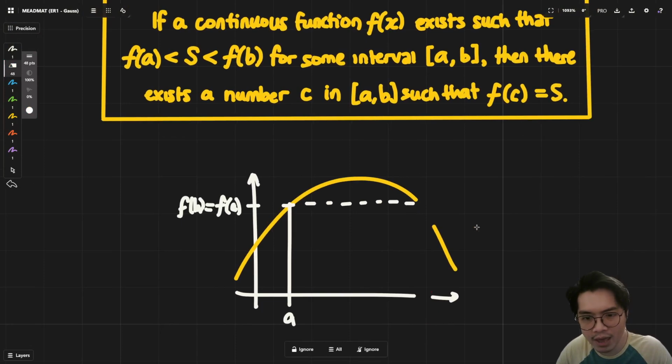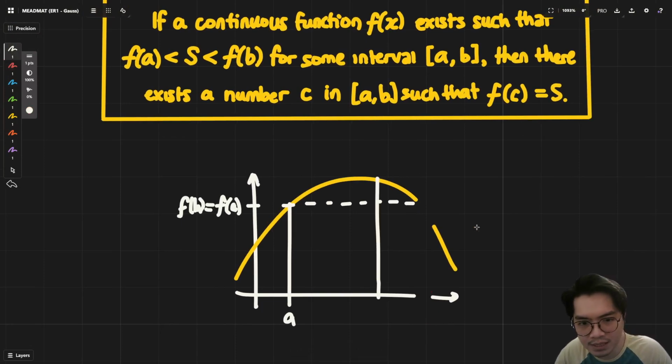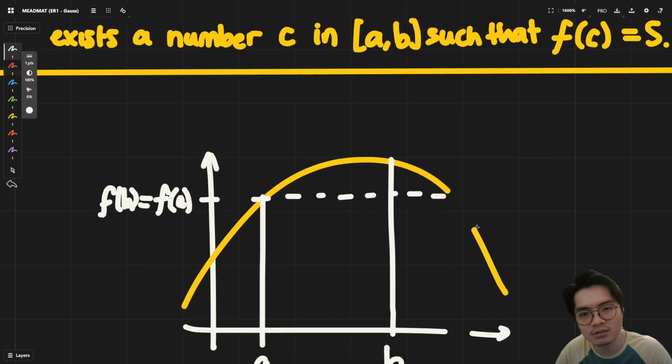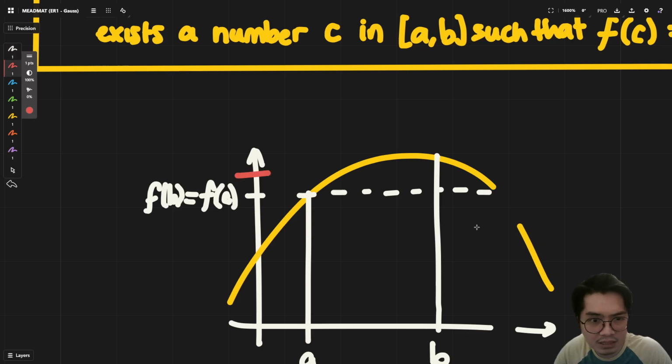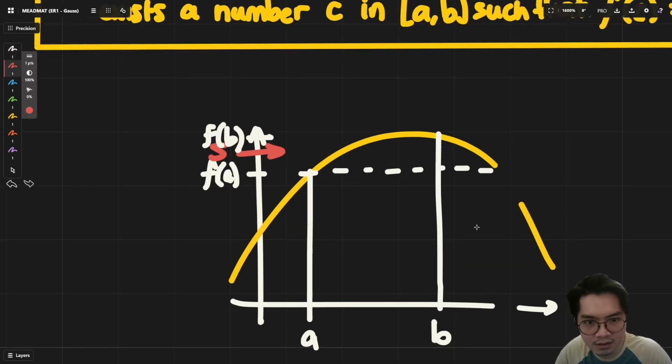However, say for example, if your B is somewhere in here, you might say to yourself, this is still going to work, right? Say for example, your S is here, because now your f of B is somewhere just a little bit above, right? Your S will hit this and will now get to a value of C.